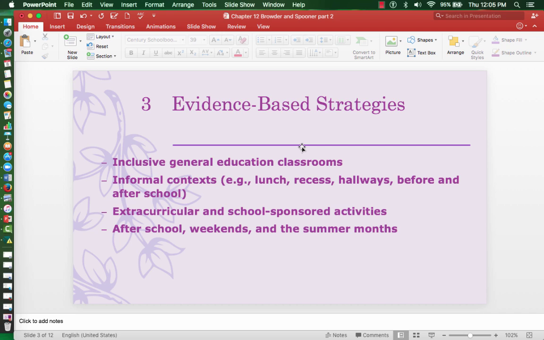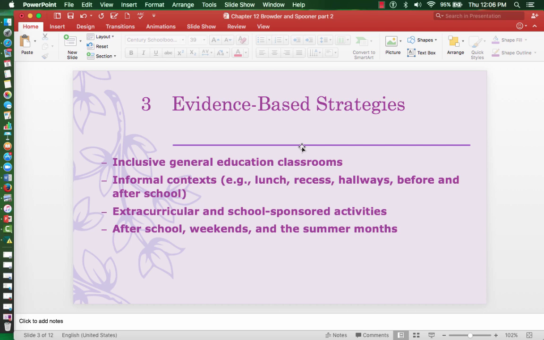And giving them access before and after school to their same-age peers. This also includes extracurricular and different kinds of school activities like band, and the athletic activities that they are interested in and that will not hurt them.